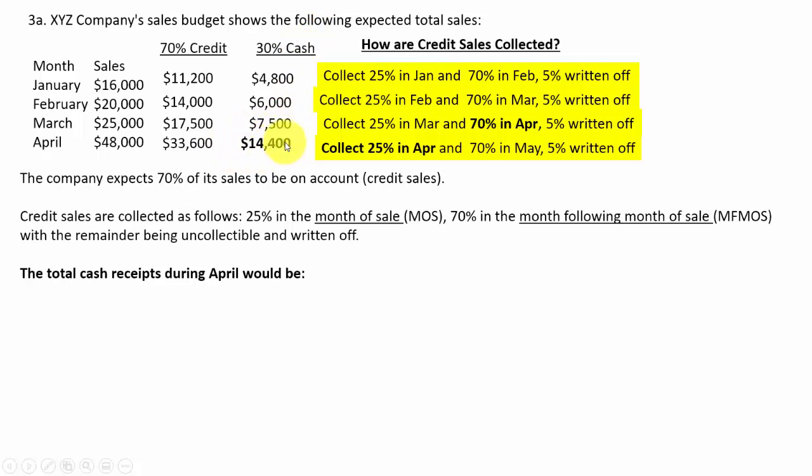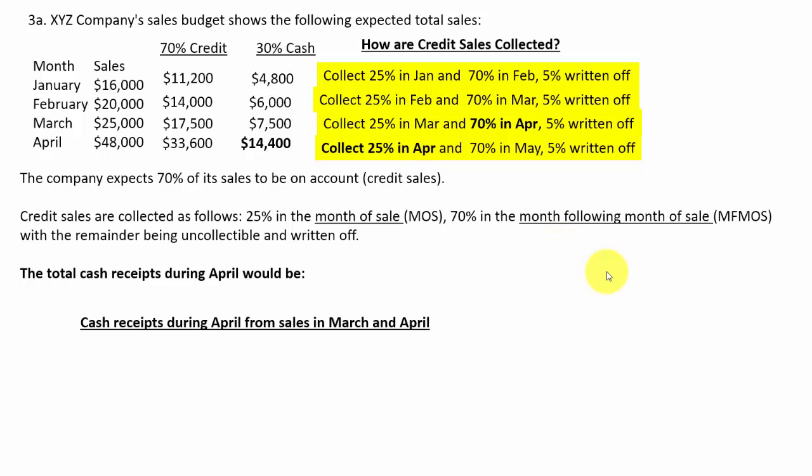We'll also be collecting some portion of past credit sales: 70% of March's credit sales in April, and 25% of April's credit sales in April. So here we go, three different cash flows.